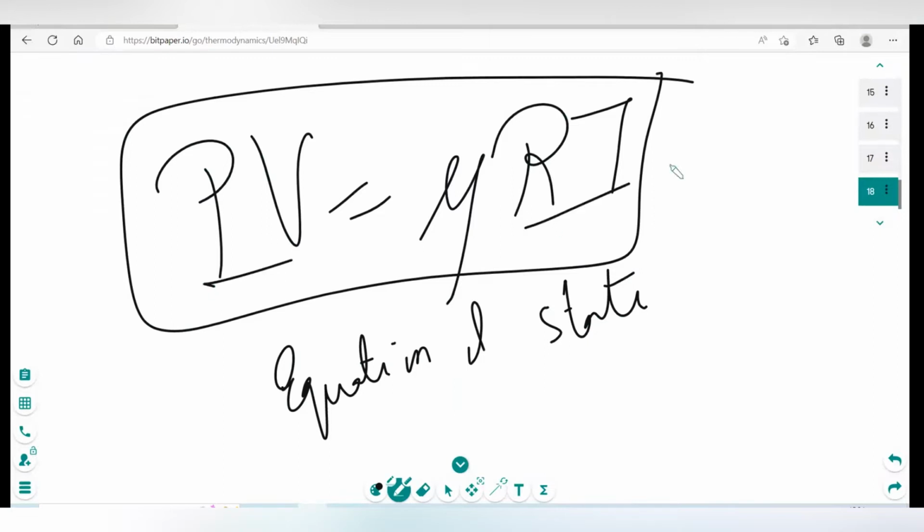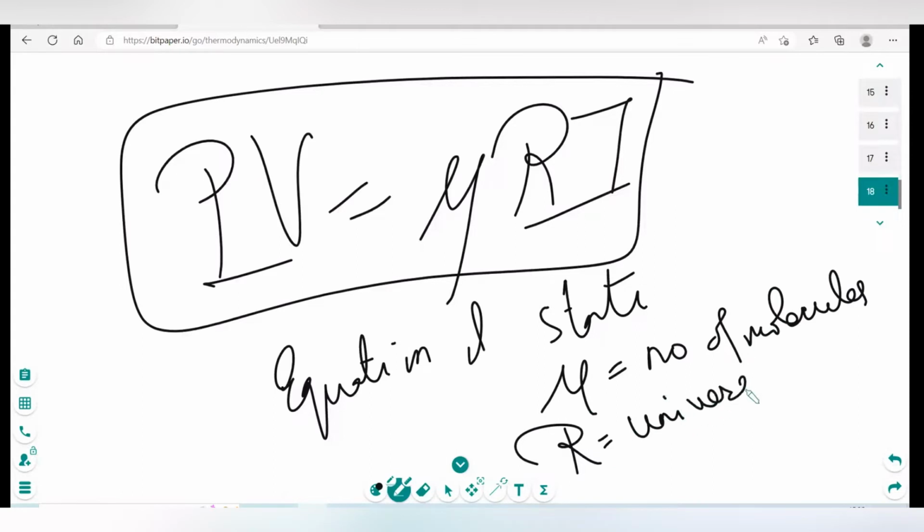These are all state variables. So this equation is connecting the state variables. So what is P? Pressure. V is volume. What is μ? Number of moles. Molecules. Oh, is it molecules? Okay. And what is R?